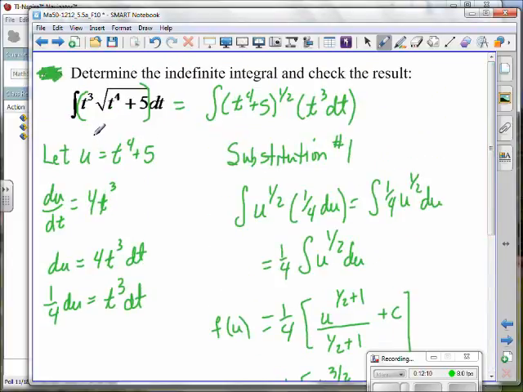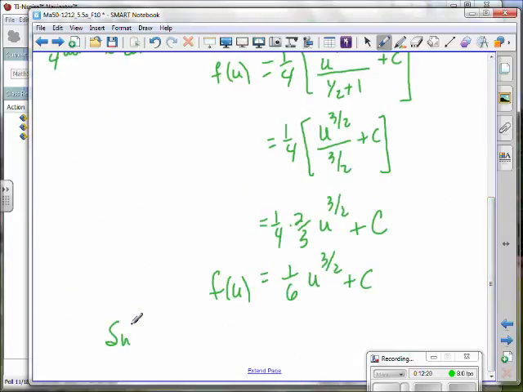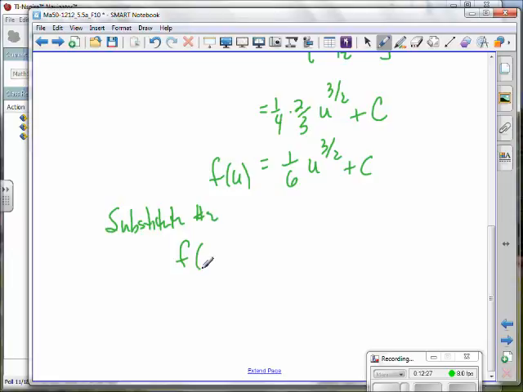No. We started with the problem that had an input variable of t. We've got to go back. That's the second substitution that we do. So substitution number 2. We're going to take f of t, and actually, that's not correct.